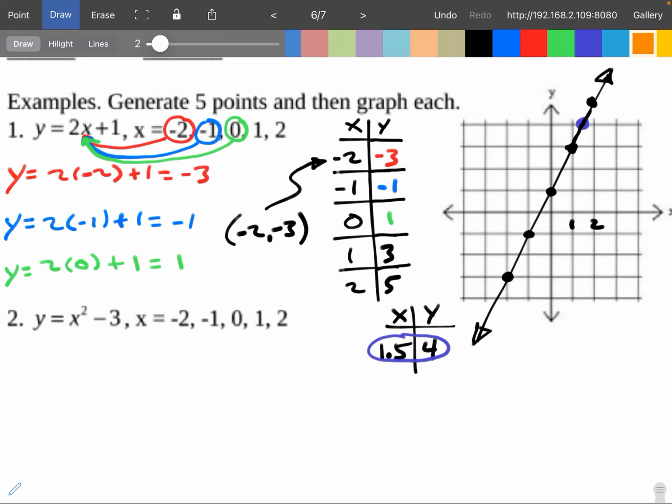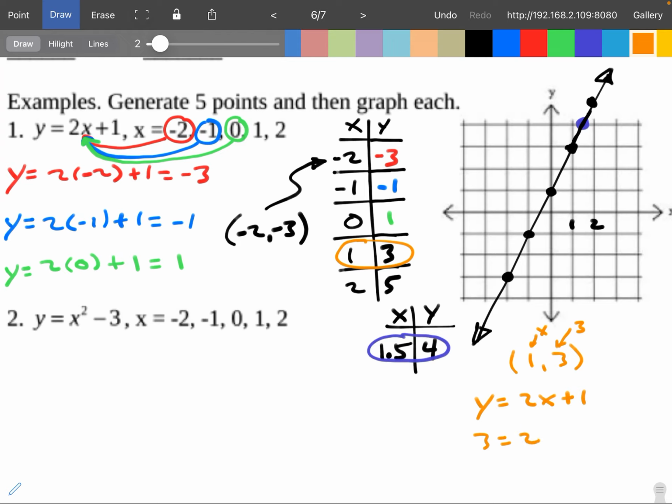If I put in this point right here, what was the point that we had? Let's do 1 comma 3. That's this point right here, right? Well, that means the x is 1 and the y is 3. Well, that's a solution to that original equation. The original equation was y equals 2x plus 1, right?